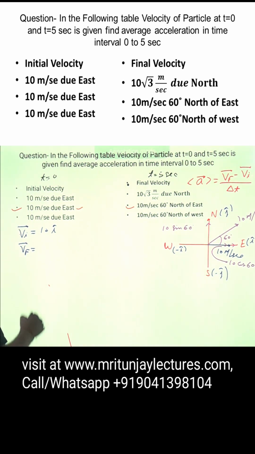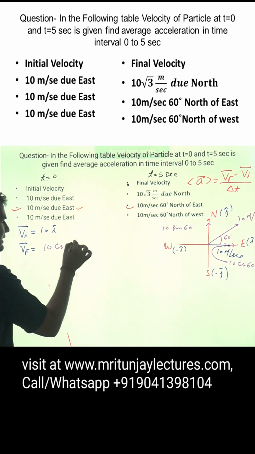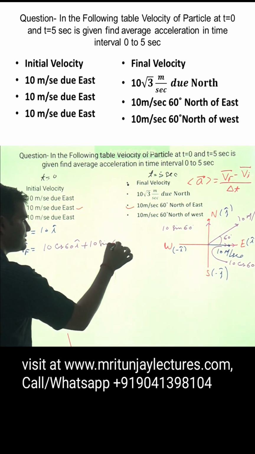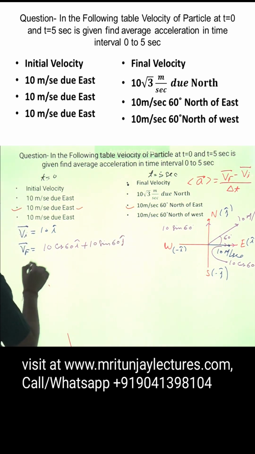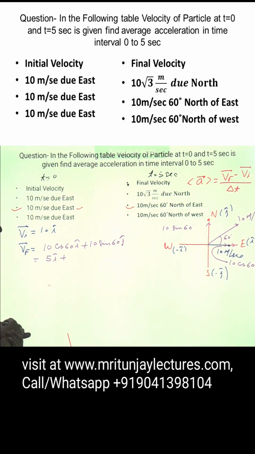So it is written in vector form as 10 cos 60 into i cap plus 10 sin 60 into j cap. Cos 60 is 1 by 2, so this one is written as 5 into i cap, and this one 10 root 3 by 2.